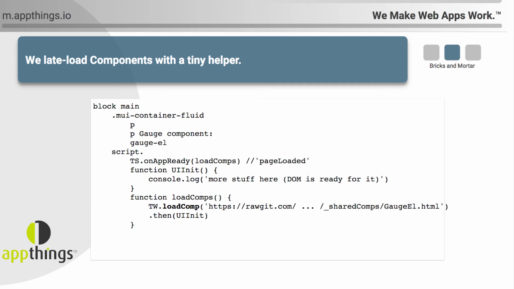Let's late load them. So at this point, the page is visible, with the menu at the top. The JavaScript gets triggered here, load comps. We have a little helper, which is our replacement for the HTML import stuff that you saw earlier. Here we're loading from a shared server our shared common component called gaugel.html. And then we have another function which does potentially more stuff that we want to do in the page.